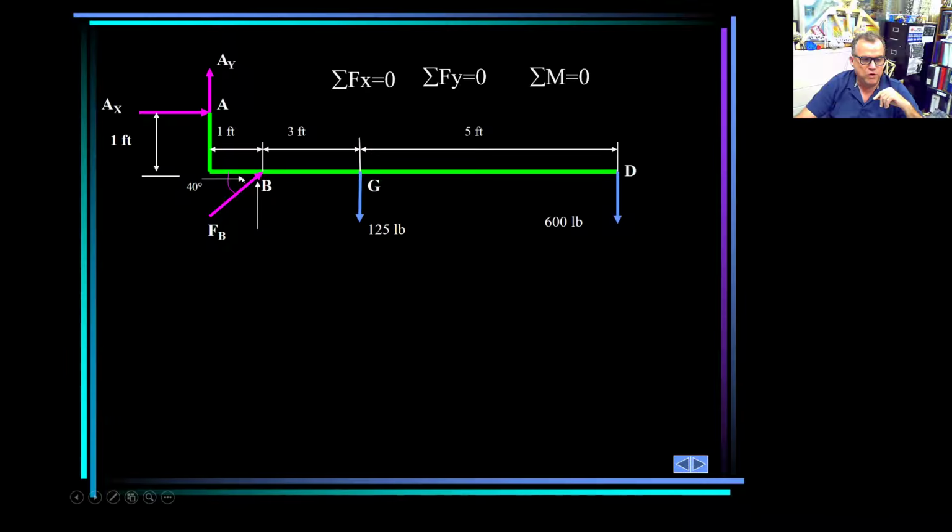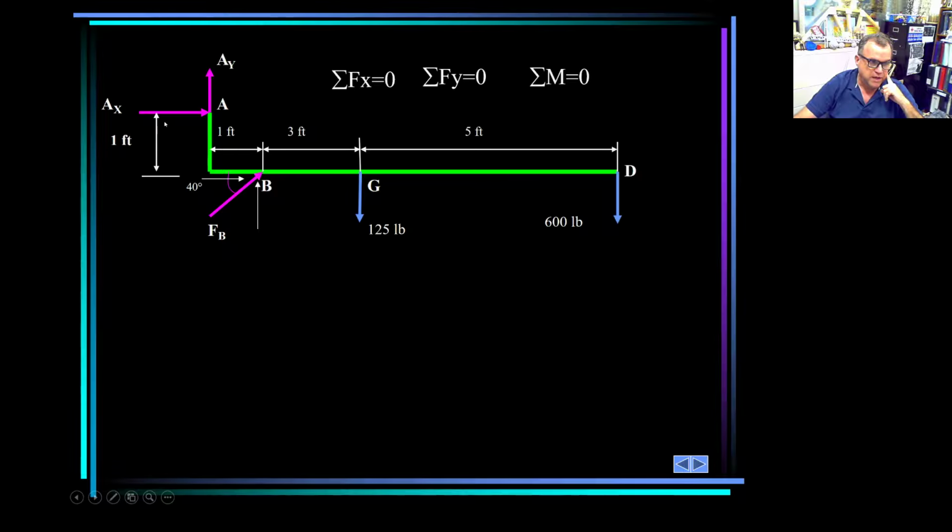So if I use the horizontal component, rotation is going to be opposite. So it's going to be negative. And it's going to be FB cosine 40, which is this one, multiplied by this one, horizontal force, vertical distance. And this other one, which is going to be FB sine 40, vertical force, horizontal distance, multiplied by this one here.